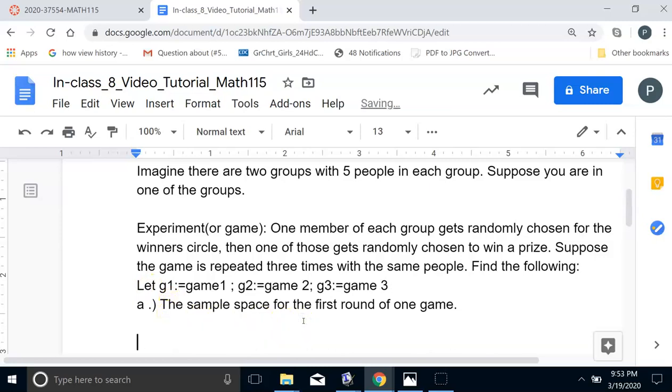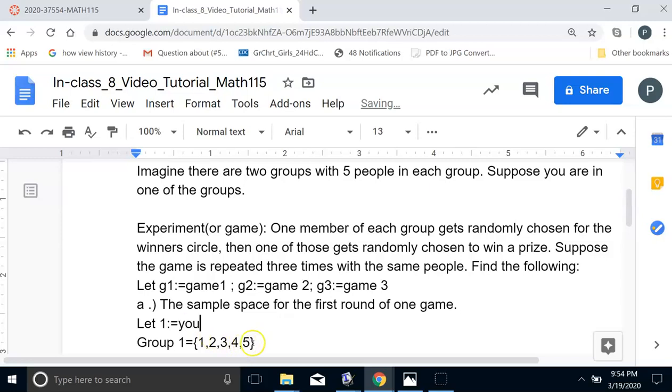Well, let's also make an assignment here. Let's say group 1 contains the numbers 1, 2, 3, 4, 5. Let 1 denote you.